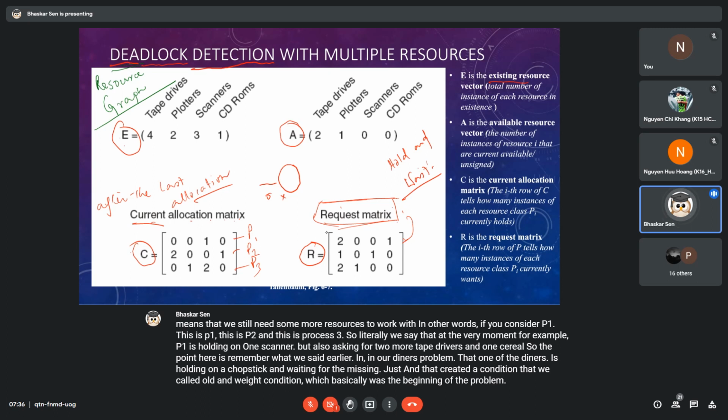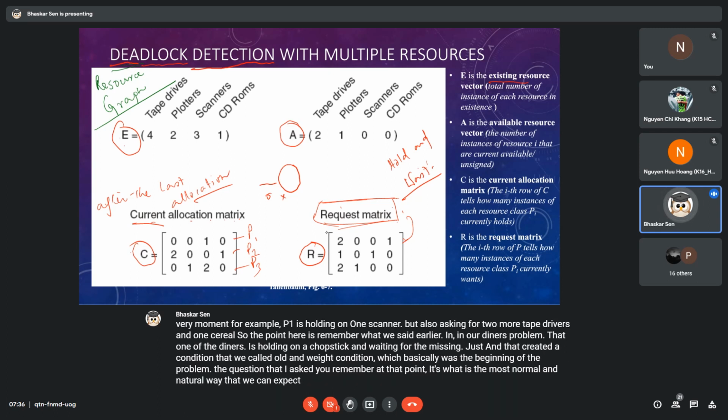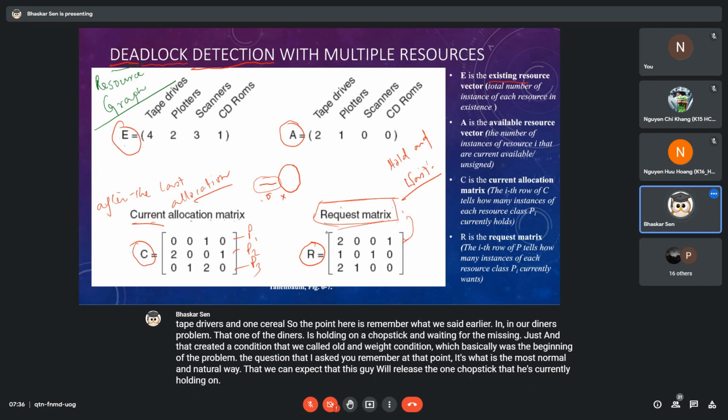A question that I asked you at that point is, what is the most natural way that we can expect this guy will release the one chopstick he is currently holding? What do you think? The answer is, since he is asking for one more chopstick, give him one more chopstick.